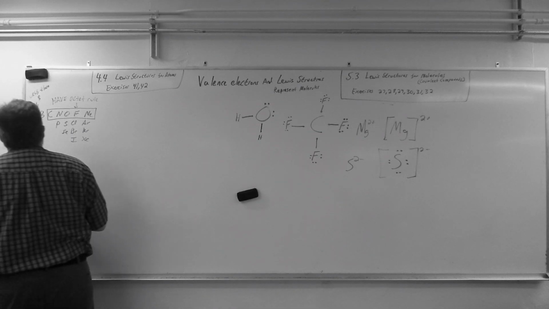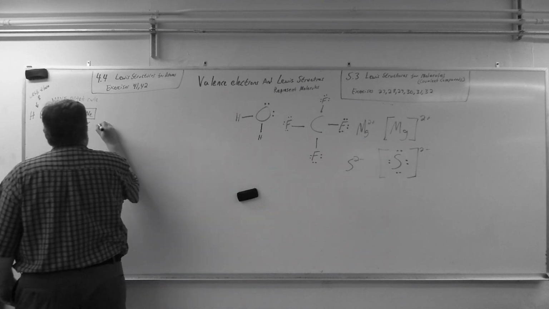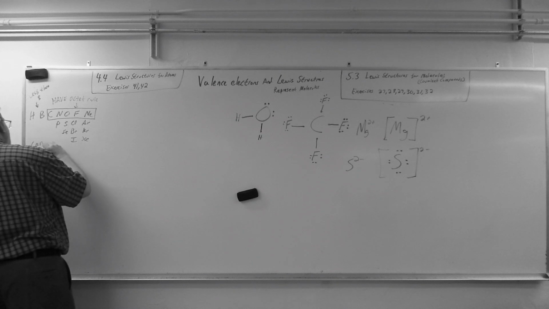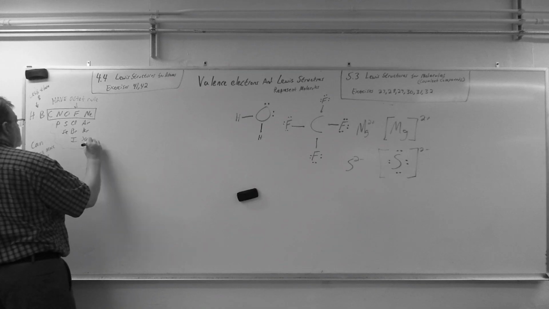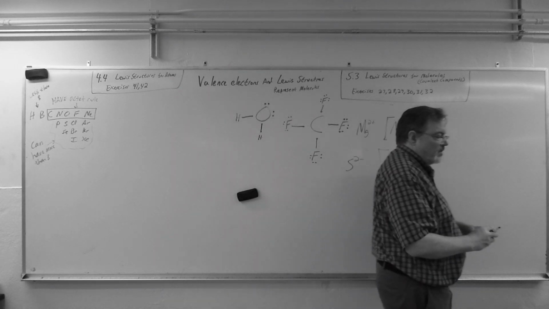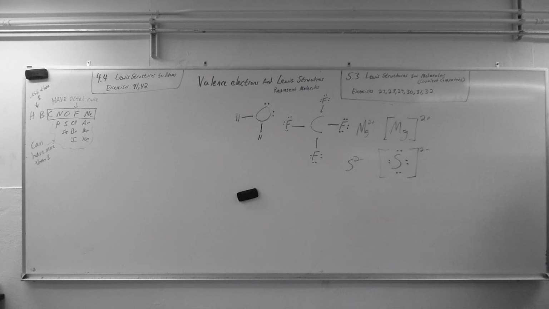These will have less than 8. And all of these can have more than 8. They sometimes do stick with the octet rule, but we call it an expanded octet for those.